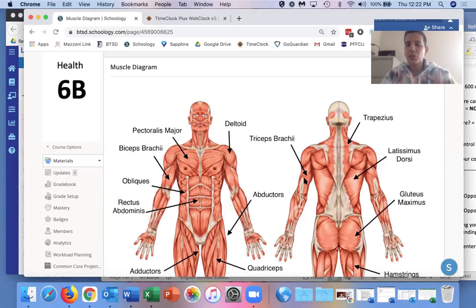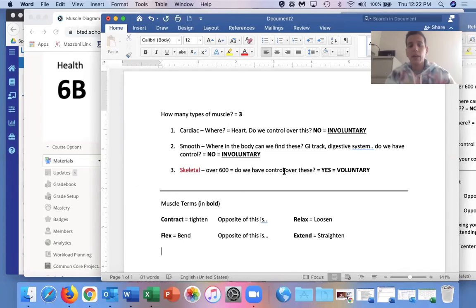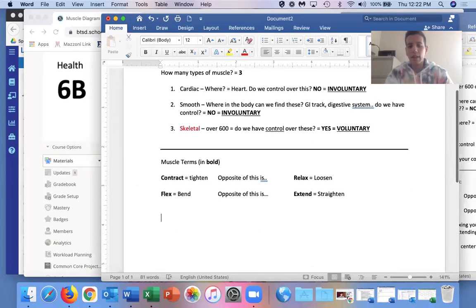The biceps and the triceps work in opposite pairs. Okay? And if you remember, this is just an example, the biceps is a flexor muscle, and the triceps is an extensor muscle. If you don't know what I'm talking about, that was based on the reading.